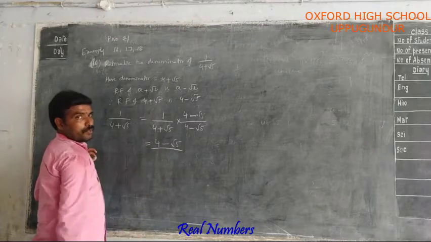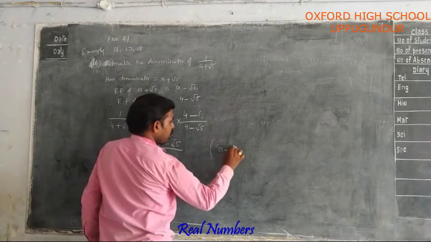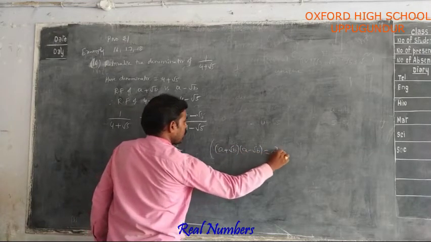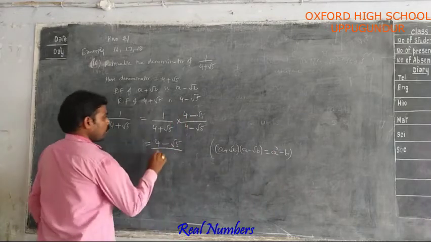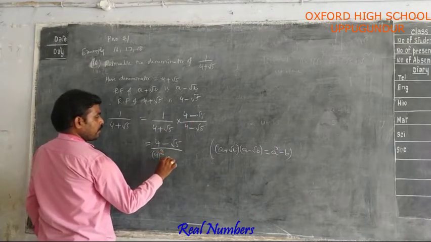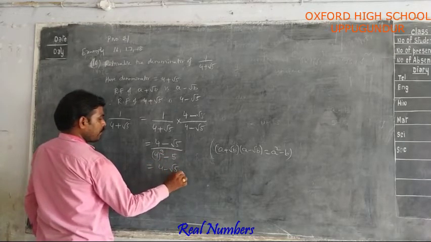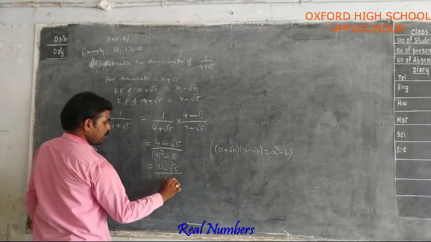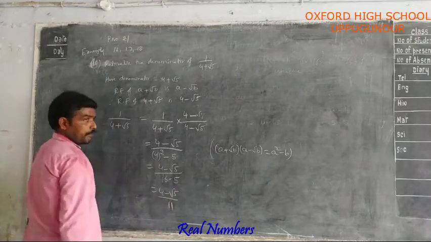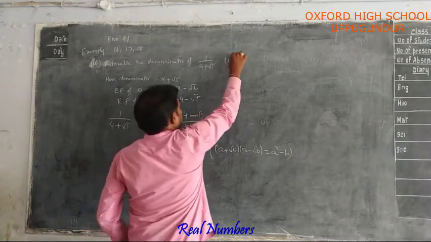A plus root b into a minus root b, already you know, is a square minus b. So 4 plus root 5 into 4 minus root 5 is 4 square minus 5, which is 16 minus 5. So the answer is 4 minus root 5 by 11. Next, 17th one.